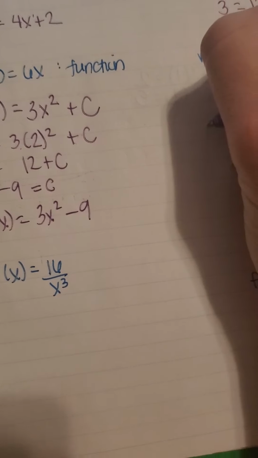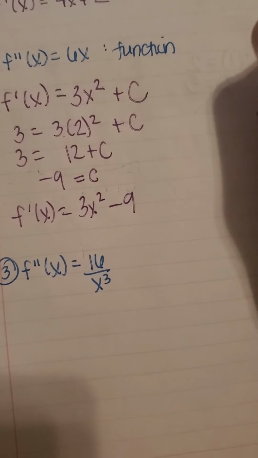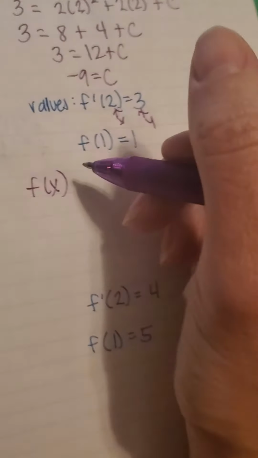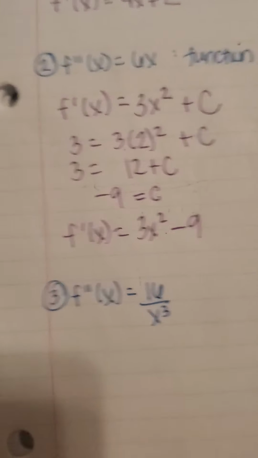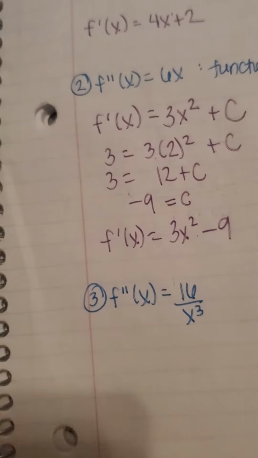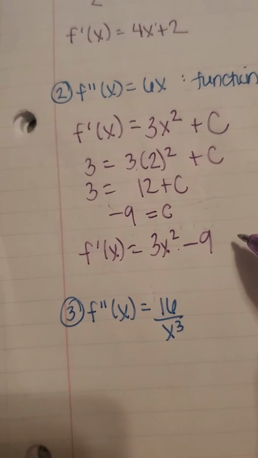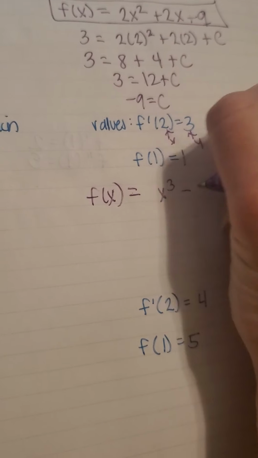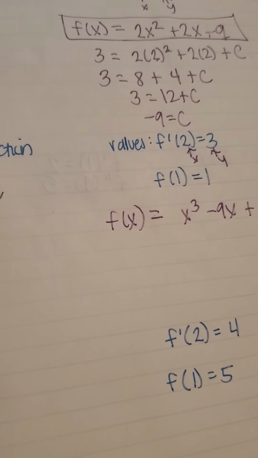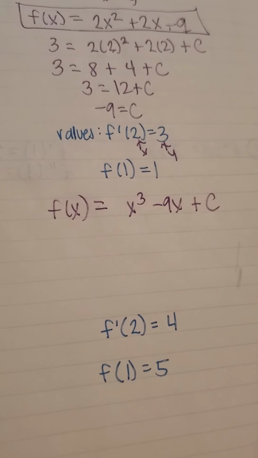Now I want to find my original, which says go and integrate. So now I'm going to have f of x, my original function, is going to equal, if I add 1, that's going to make that x to the third. And if I do 3 times 1/3, that's going to make it just x to the third. And then minus 9x, and then plus c. Then use information I know.